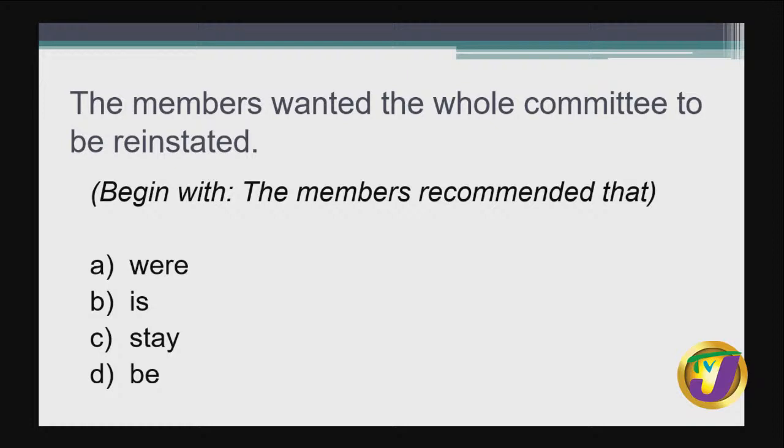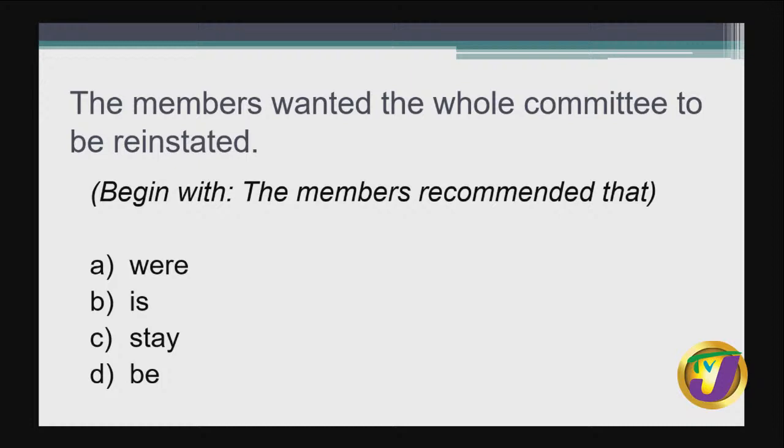Do you use were or is, stay or be when you rewrite this sentence? Remember, you want to keep the original meaning intact. You don't want to change the meaning, the tone, or the flow. So if you start with the members recommended that the whole committee, what are you going to finish it off with?